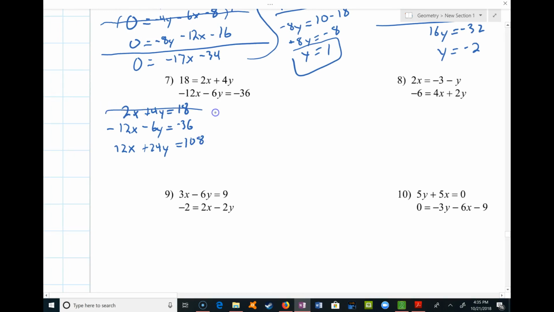So I'm not going to use that one anymore. I'm using this one now. So then I add them together and I get 0 here, and I get 18y there. And 108 minus 36, that would be 72.